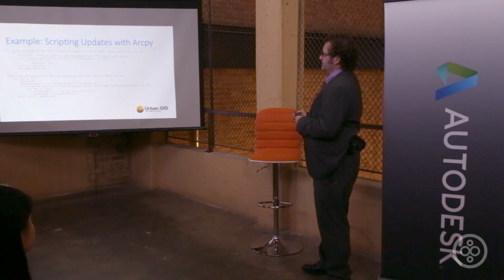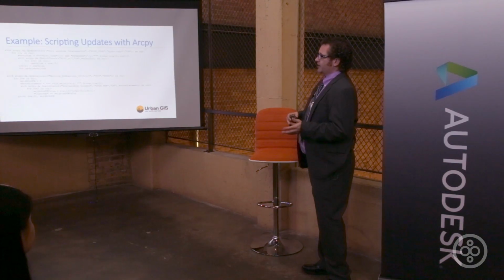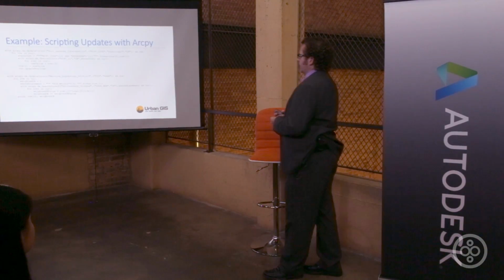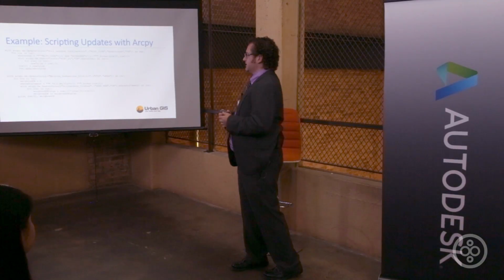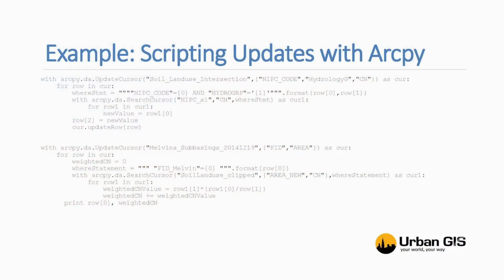The ArcPy suite allows us to interact with data stored in ArcGIS, and while not open source, it is really useful sometimes. This was a project where the client wanted us to calculate spatially weighted averages of these parcels.